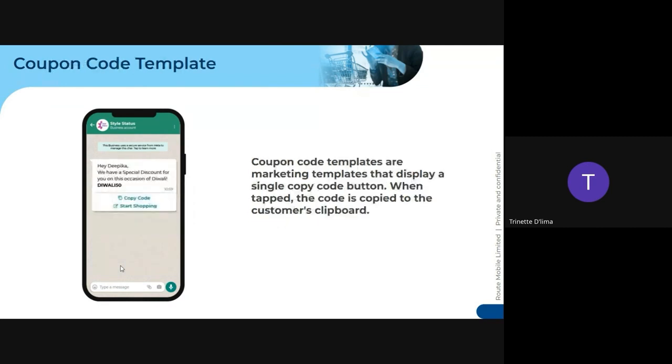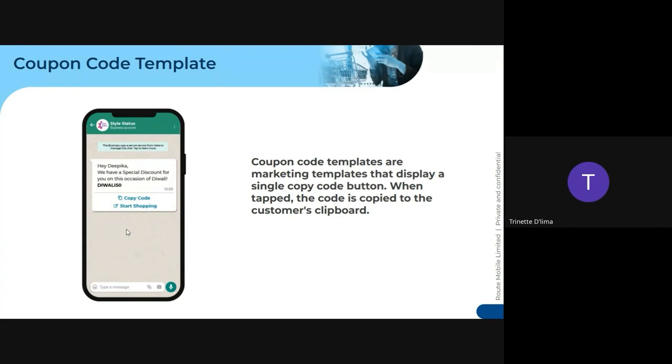So I'll move on to the copy code template. This copy code template works very well when a brand wants to release offers or schemes and wants the end user to copy the code and paste it on a particular link. Initially, when any template message was released in WhatsApp, it was very difficult to copy a section of that message to your clipboard.